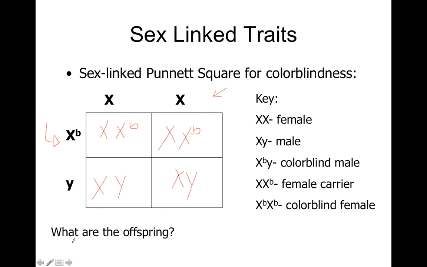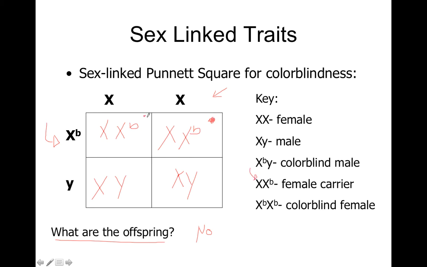First of all, I would need you to tell me, what are the offspring? What are the potential chances that these two parents are going to have a colorblind child? Are there going to be any colorblind children in this family? You should have been able to tell me no, there will not be, because this individual here is a carrier, a female carrier, just like this.